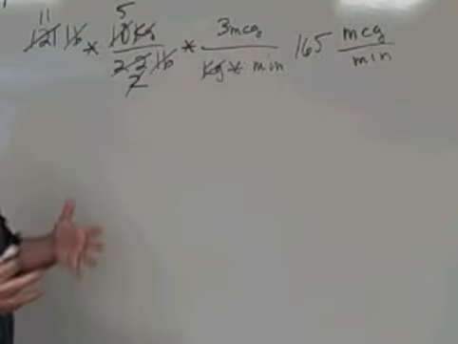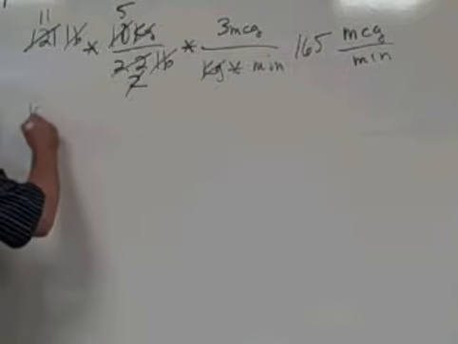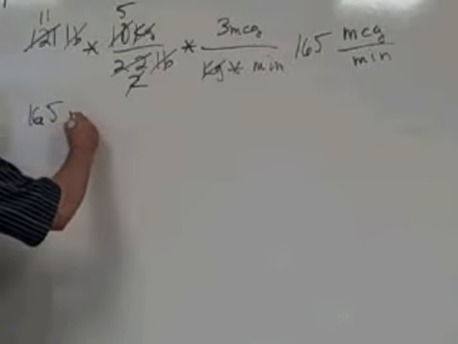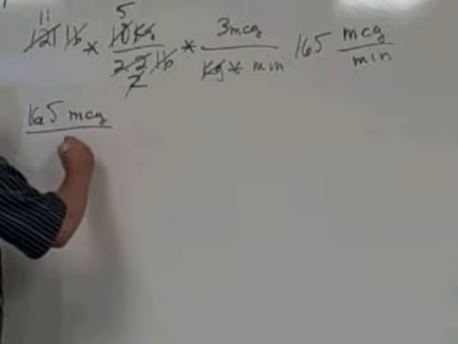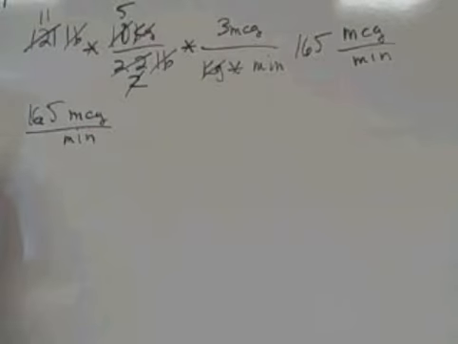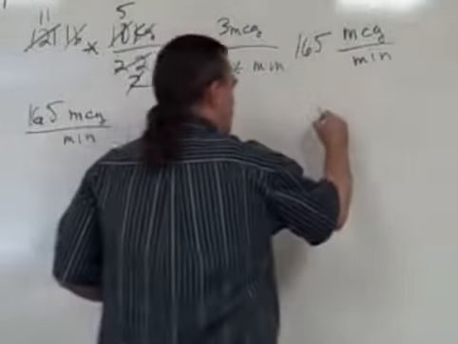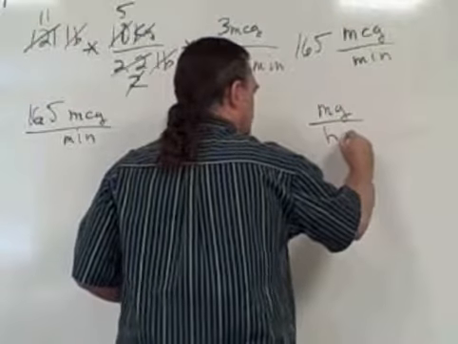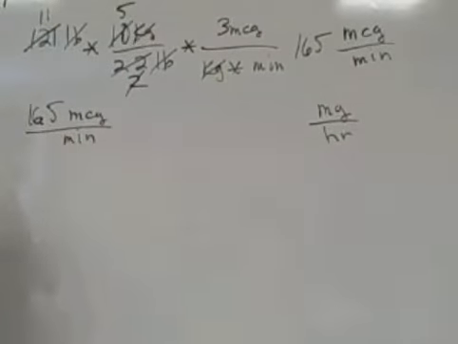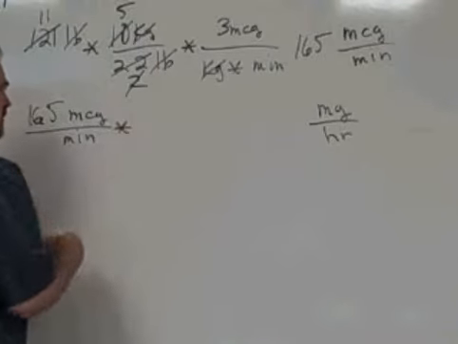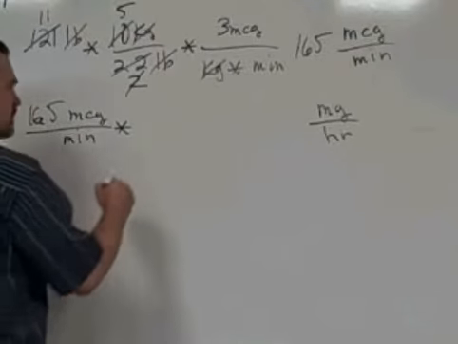So we need to convert this 165 micrograms per minute rate of application to milligrams per hour. We need to convert micrograms to milligrams and minutes to hours. Well, we've done this one several times, minutes to hours.